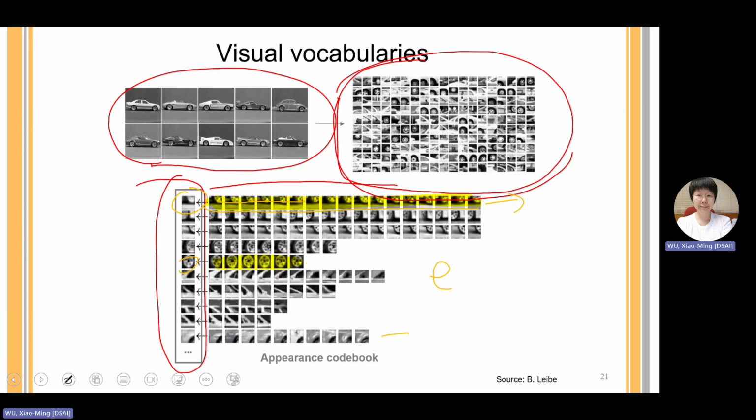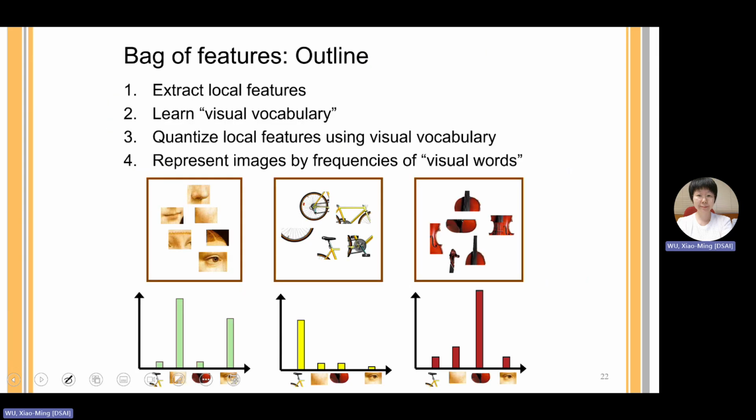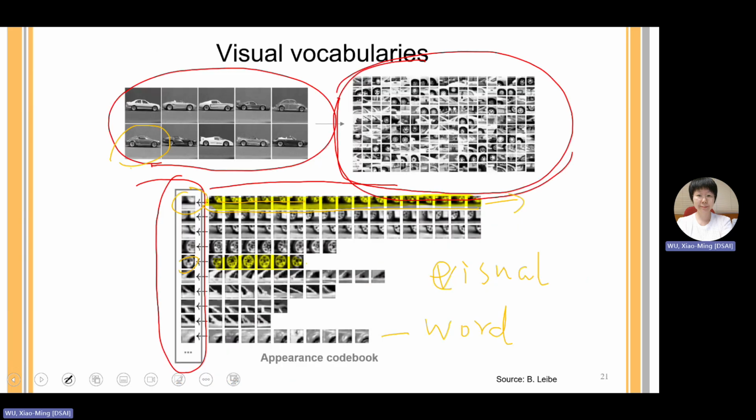So each visual word here corresponds to a representative part of the car. And then we can represent an image using those feature words.